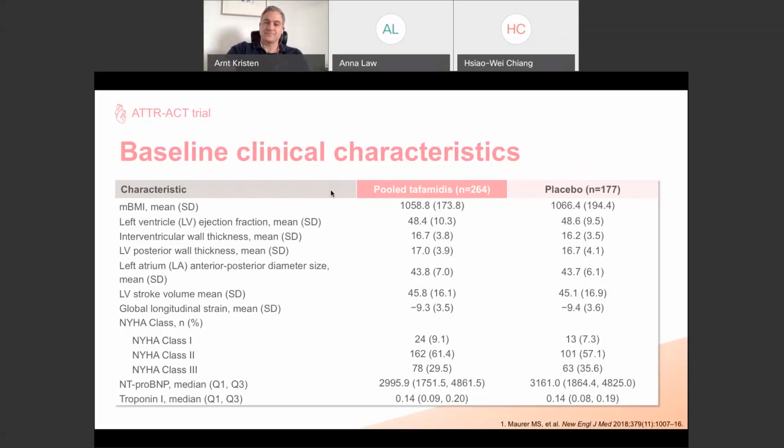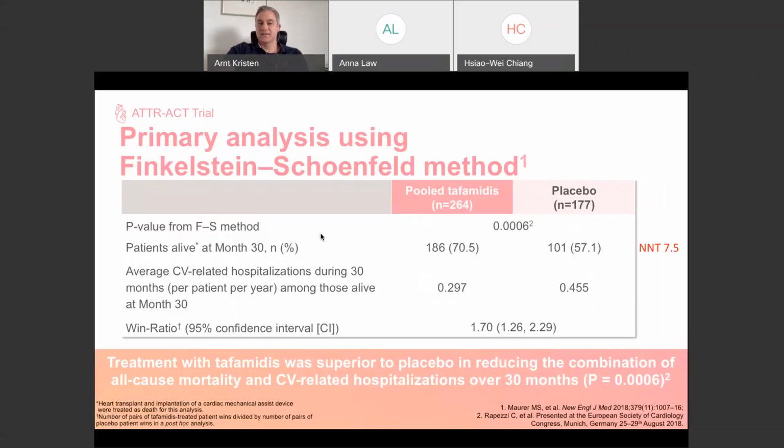The primary endpoint was a combination of all-cause mortality and cardiovascular-related hospitalizations during the 13 months treatment study period.